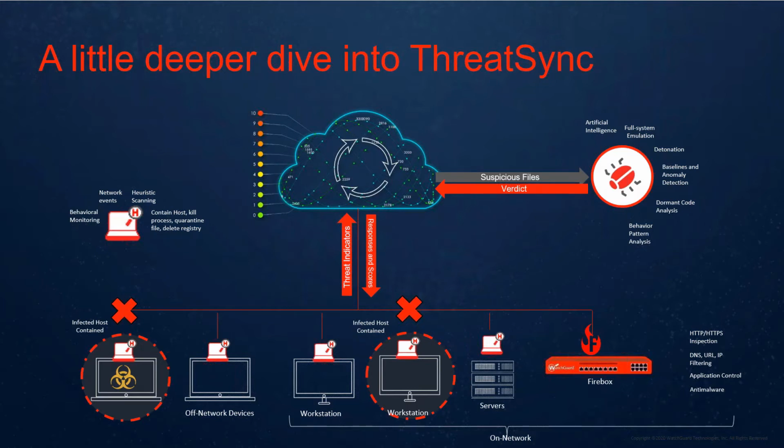So after we've scored and analyzed different files, we can communicate and talk with those hosts. And if we believe those malicious threats are dangerous, we can even contain or quarantine those remote hosts.